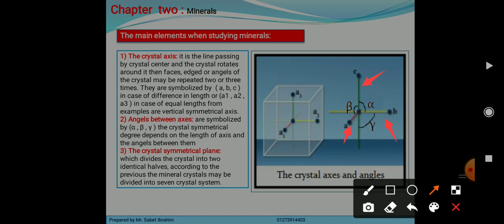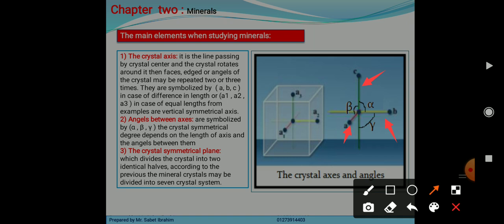It is a line passing by the crystal center, and if the crystal rotates around it, then faces, edges or angles of the crystal may be repeated 2 or 3 times.